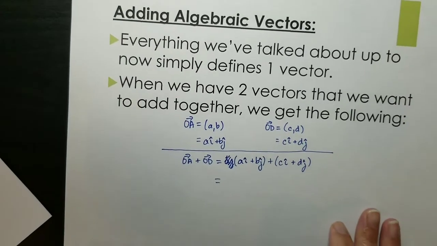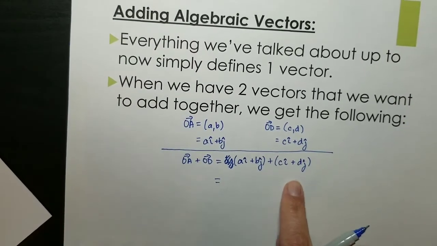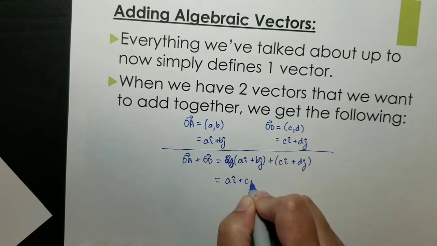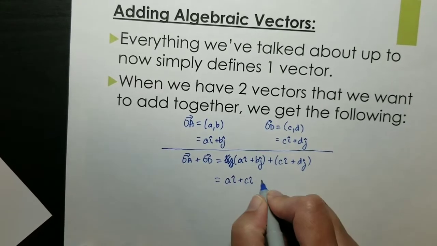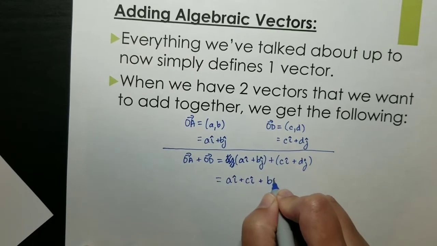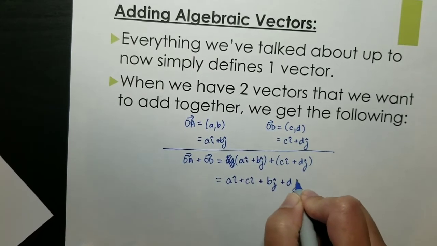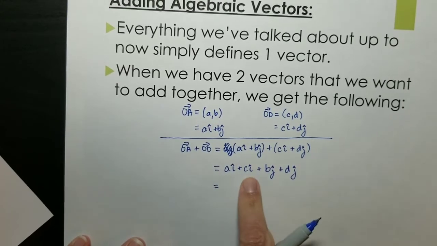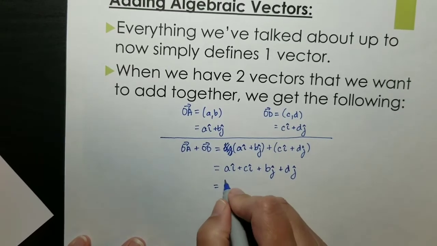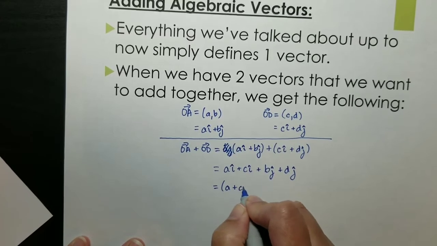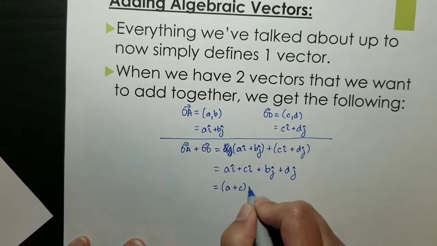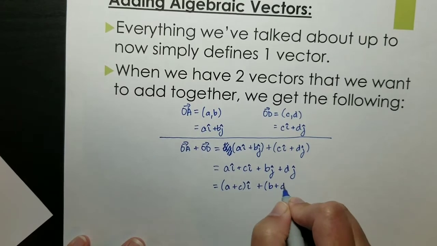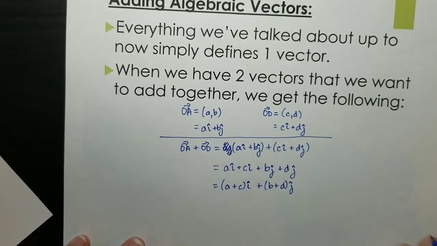Remember that vector addition is commutative, so we can change the order around here. So we get a i hat plus c times i hat plus b times j hat plus d times j hat. And we know that we've got that distributive property that we talked about. We can collect like terms. So this would be (a plus c) times i hat plus (b plus d) times j hat.